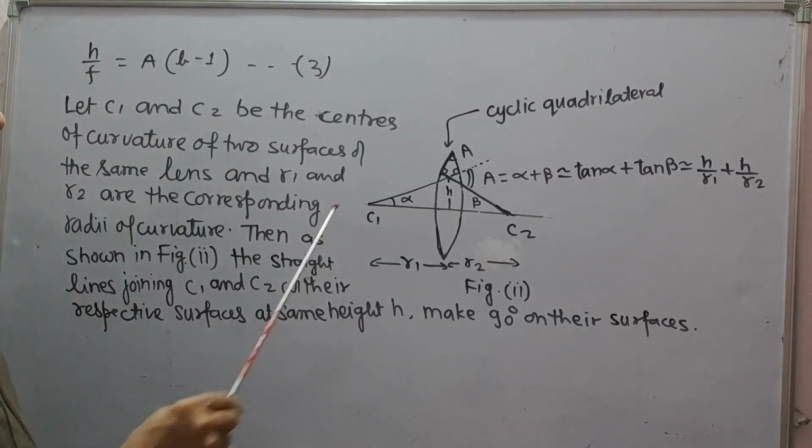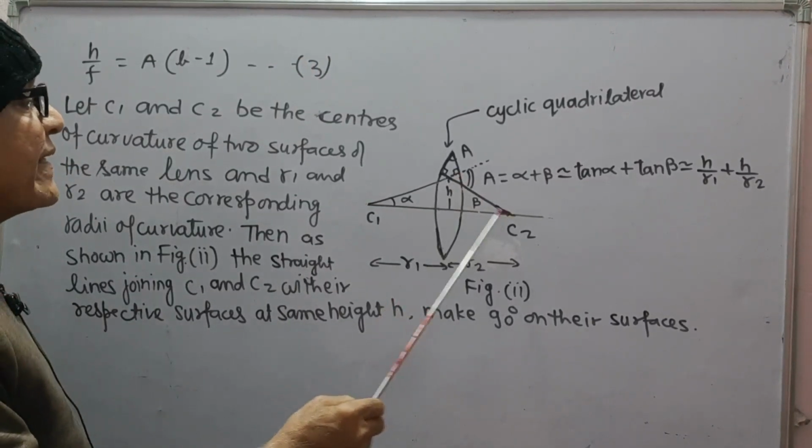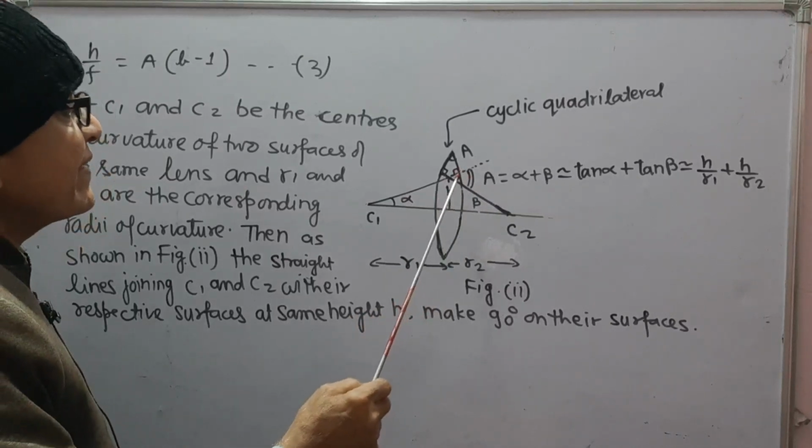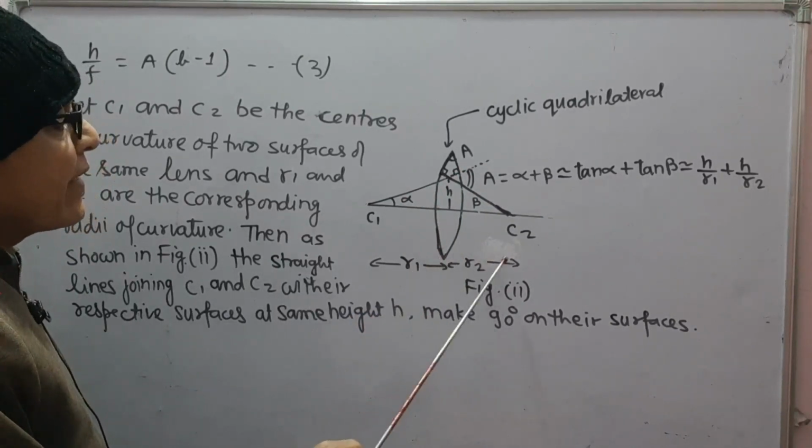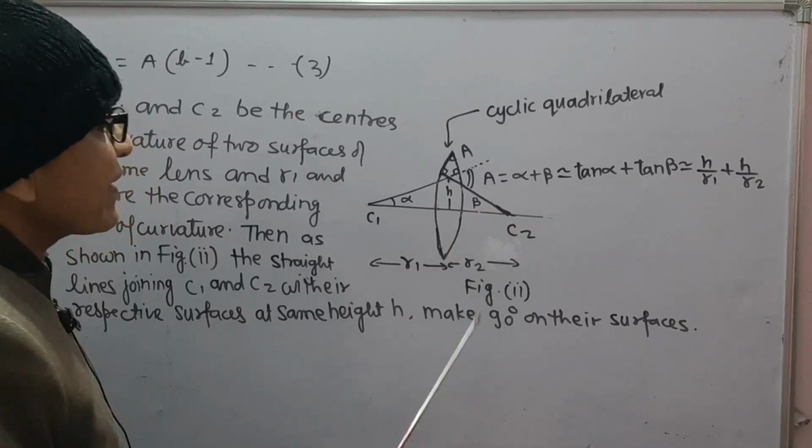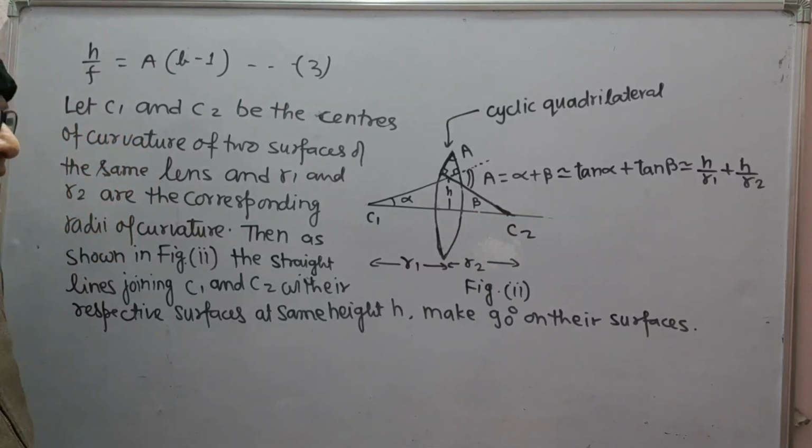Let C1 and C2 be the centers of curvatures of the two surfaces, and R1 and R2 are the respective radii of curvatures.